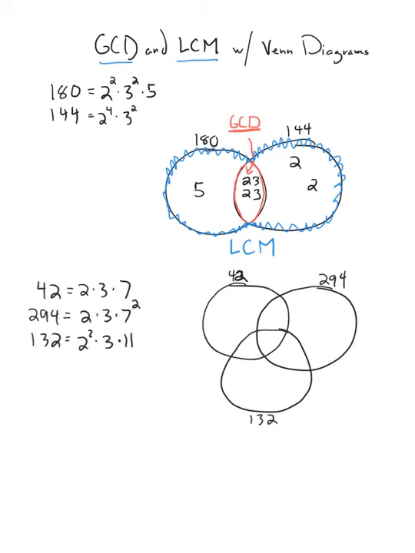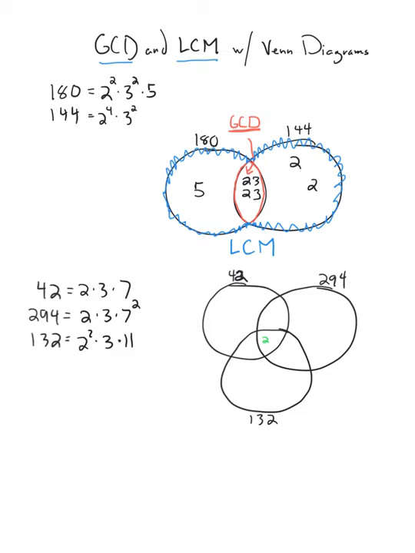Now, what do these guys have in common? Well, they have 1, 2. Let's do the 2s first. Each of these has a 2 in common. But there's an extra 2 in 132 that's not in the other two numbers.